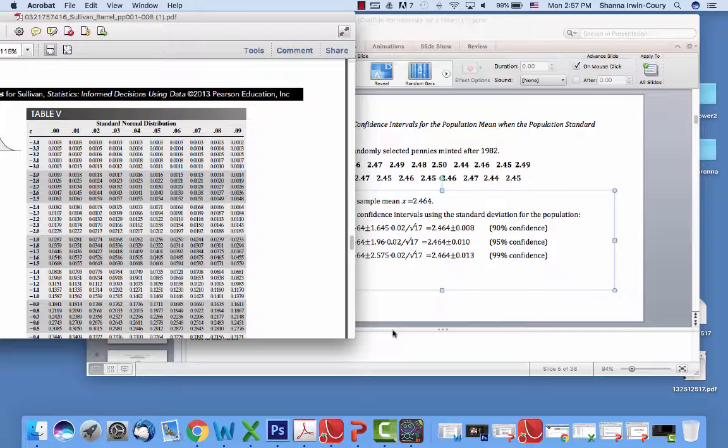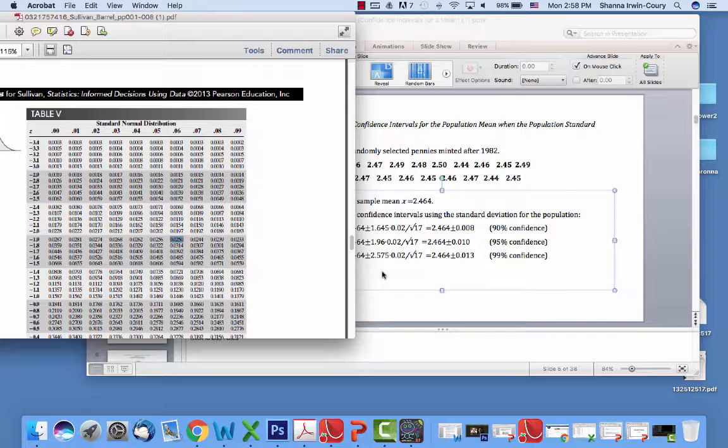For 95% confidence, alpha is 0.05, so that's what's left. So I'm looking for half of that, 0.025. 0.025 is right here. So negative 1.96. So 1.96. For 99% confidence, you have alpha 0.01.